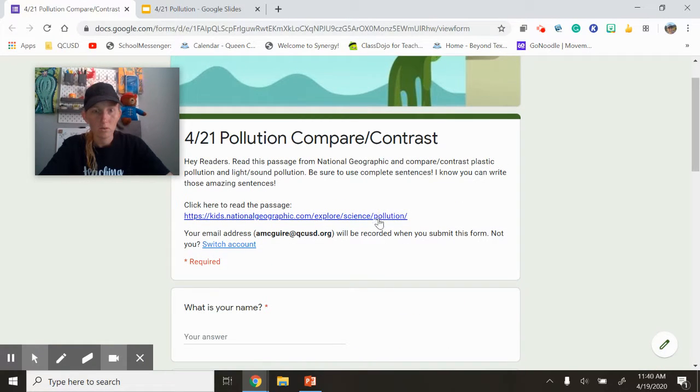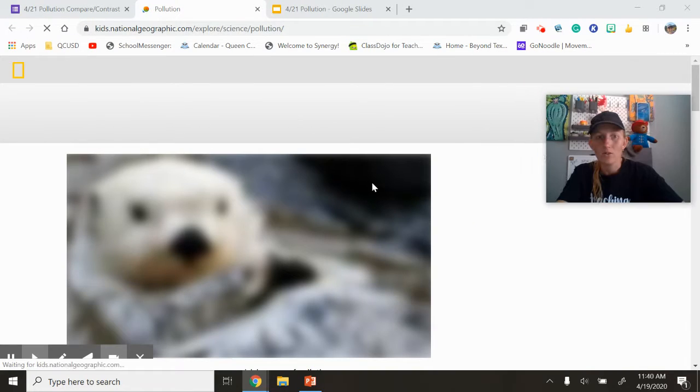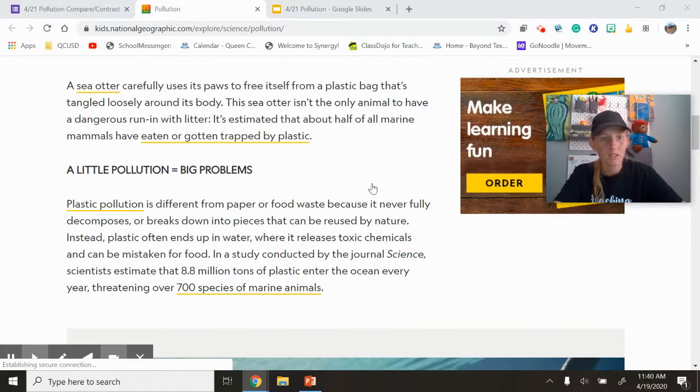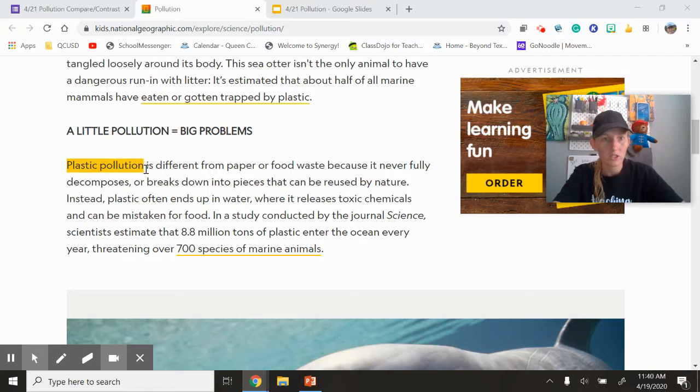Well, actually, one within another one. So you're going to click on this link right here where it says Kids National Geographic. When you go into your compare and contrast, right here at the top, this blue one, just click on it. It's going to bring you up to National Geographic Kids, and you're going to read that article. And then in this article, there's another article about light pollution, which I'll add as another link in your Google Classroom.